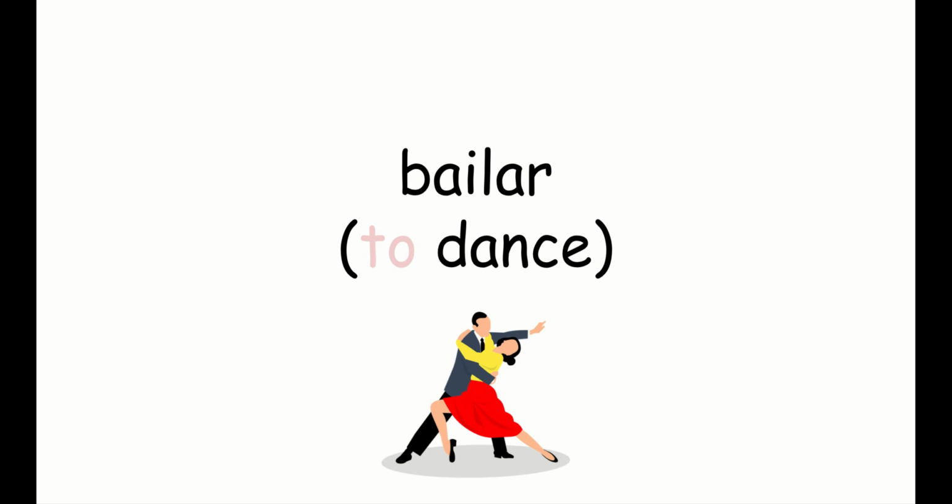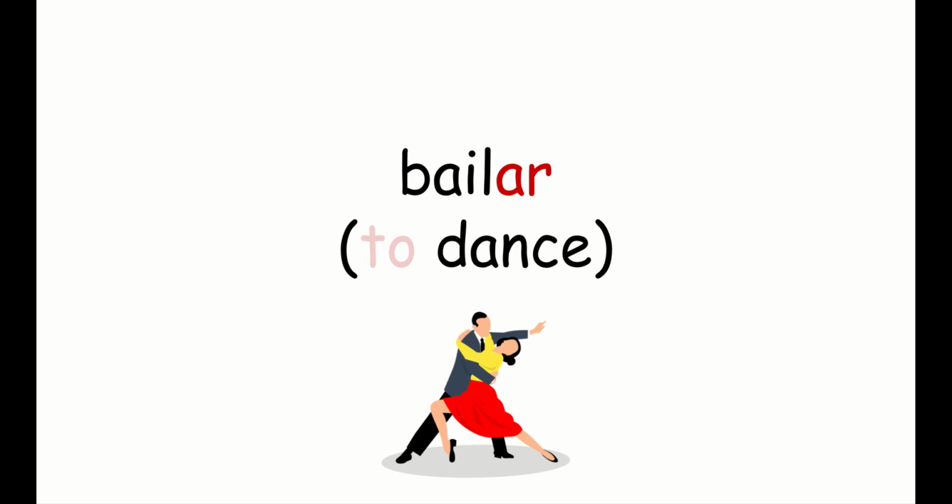So bailar doesn't have the word to in front of it, but we're going to tell who is doing the dancing, who is the one dancing. We're going to say the subject of the sentence in a way that's pretty similar to English. The only difference is it's going to be changing the ending of the word instead of changing the word to.